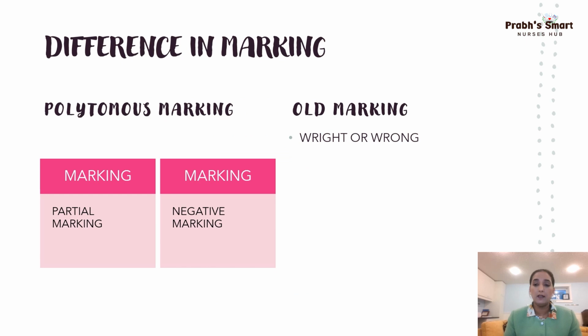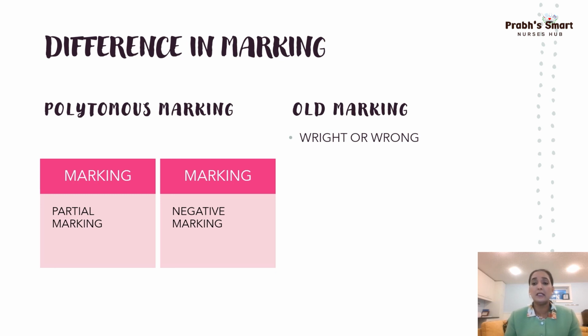So a new thing that is changed in this one is the difference in the marking, right? So earlier it was like right and wrong. If it's right, you will get mark. If it's wrong, you won't get any mark for that. But here in next generation NCLEX-RN exam, you will be getting partial marking. So for example, in the select all that apply, if you have selected 3 options instead of 4, you will get marks for those 3 options.